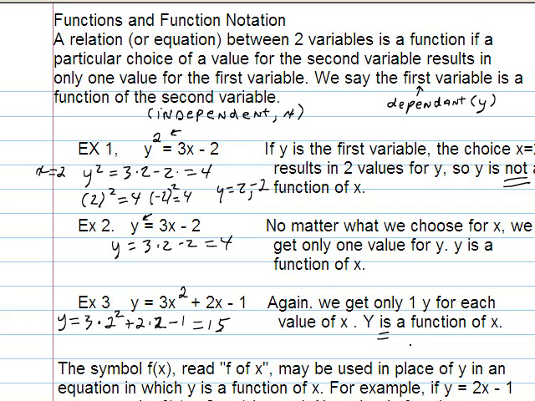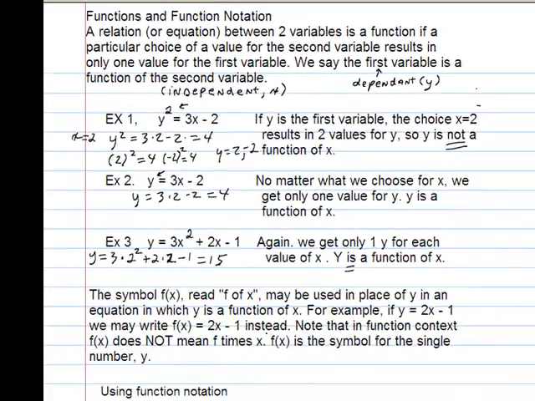Now, I want to talk to you a minute about a special notation that we use for functions, which is very powerful. Using this notation, we can give extremely complicated instructions about how to evaluate combinations of functions, but we can give them in a simple way that's easy to work, and I'm going to demonstrate that for you.